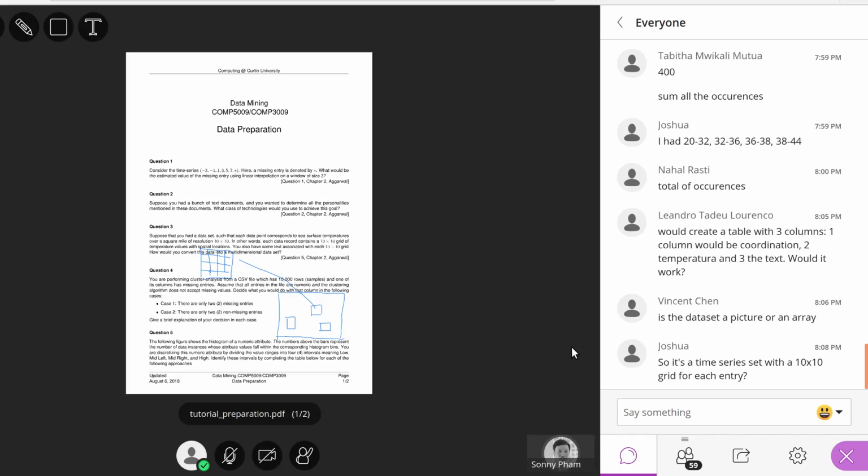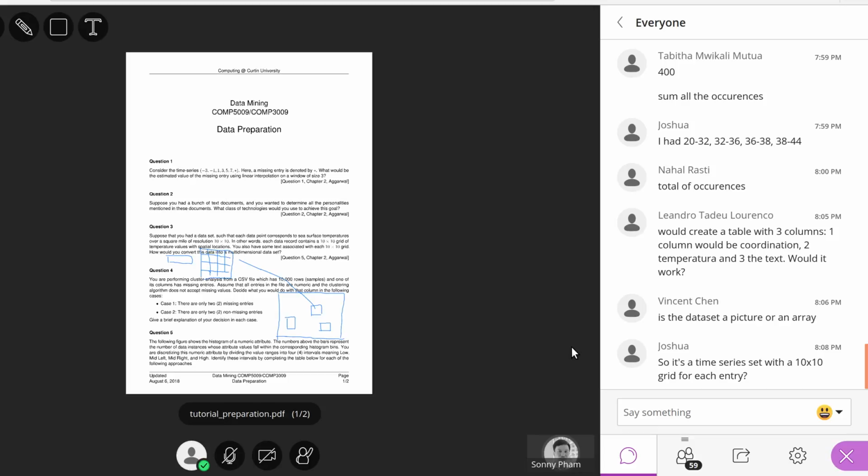Now, okay, so what we have here, according to the information, is that we also have the text, I guess ABC, whatever information is associated with this location, right? Now, one answer that I have received so far is to create a table with 3 columns. One column would be the coordinates, one the temperature, and the third the text, right?